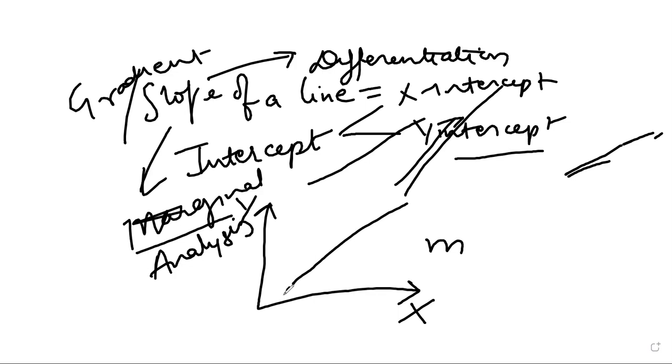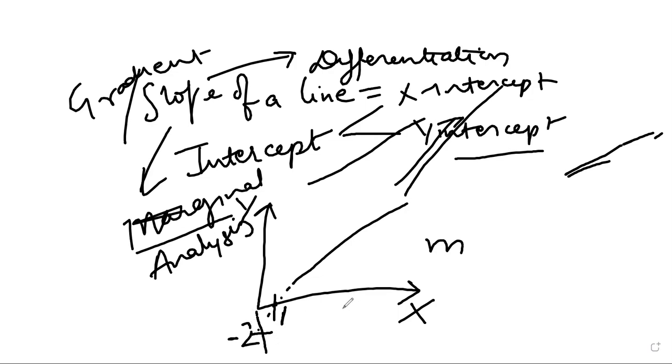It means when we extend that line, it cuts the x-axis at which point and the y-axis at which point. Let us say it is cutting the x-axis at 1 and the y-axis at minus 2. Then this line will have x-intercept as 1 and y-intercept as minus 2.